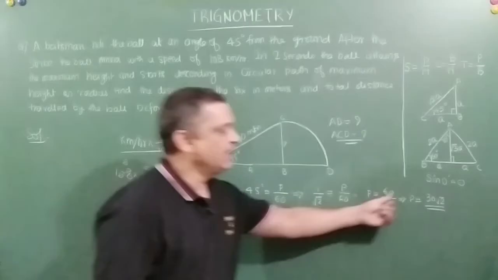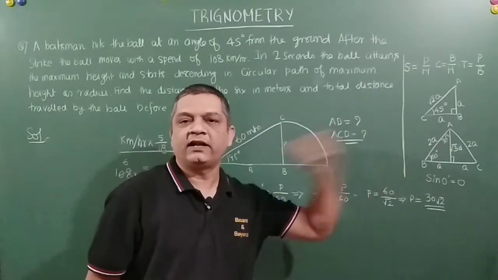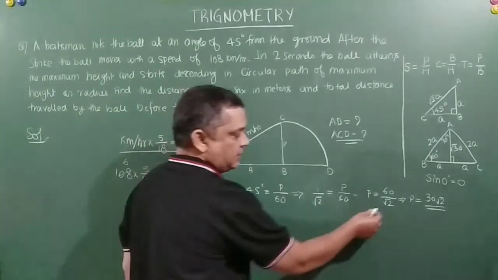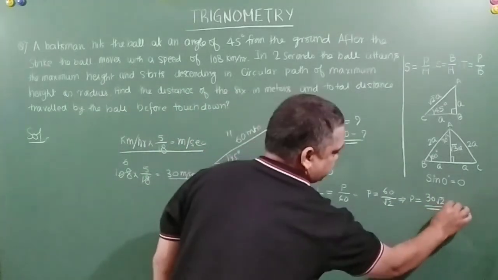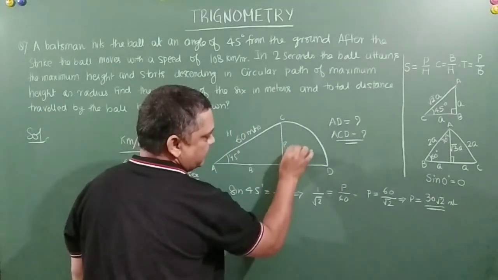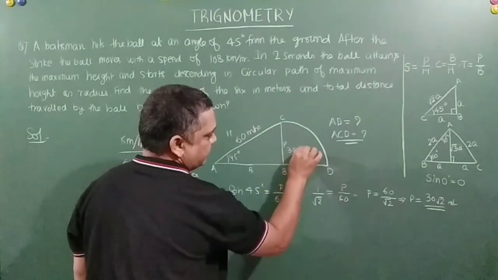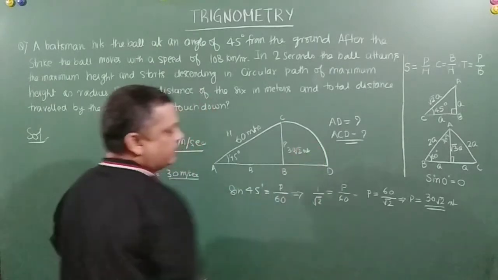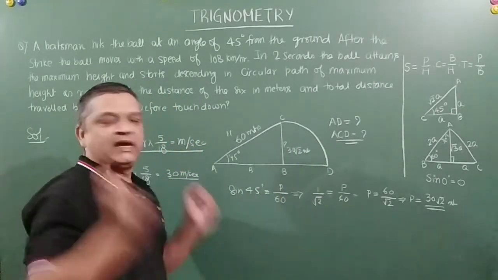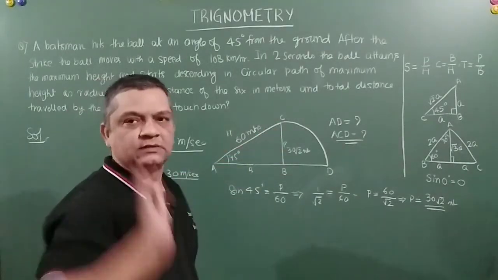What I have done is that I have multiplied both numerator and denominator by root 2, right? Just to rationalize it. So this becomes 30 root 2 meters. So we have found out the P. P is equal to 30 root 2 meters. Right. Now once P is known, we know that the ball has gained a maximum height of 30 root 2 meters.